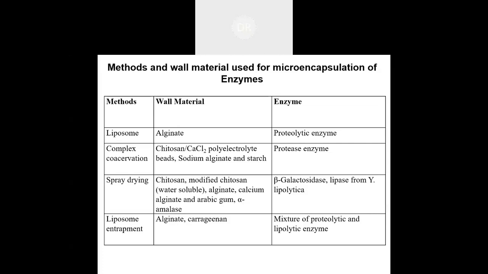Then beta galactosidase can be encapsulated by spray drying using modified chitosan as a wall material. Alginate, calcium alginate, and gum arabic can be used as a wall material.